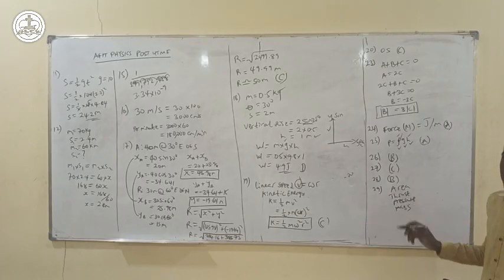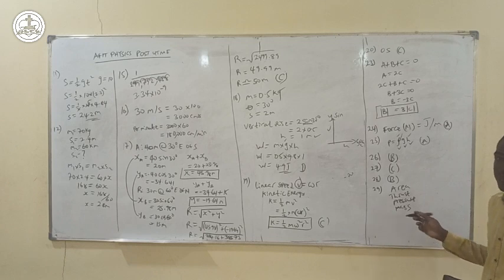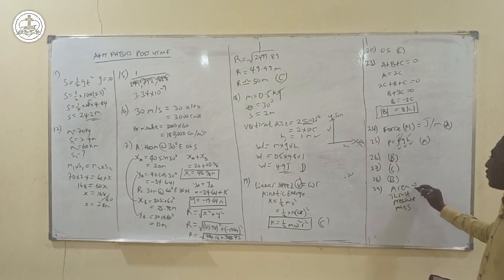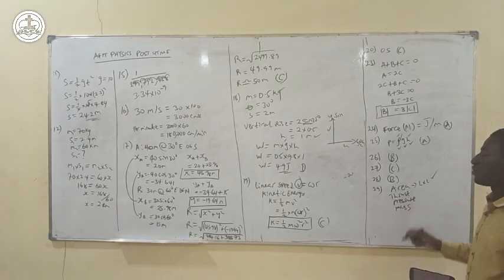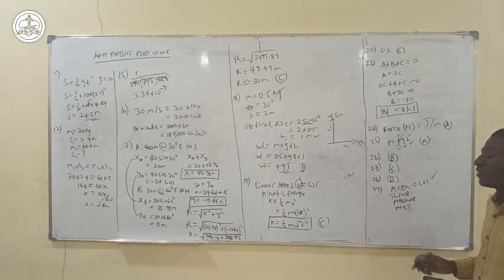Area did not just come on its own. Area is length times length, so you have multiplied 2 fundamental quantities. So area is derived. Thrust, the same thing. Thrust is not among the fundamental quantities.